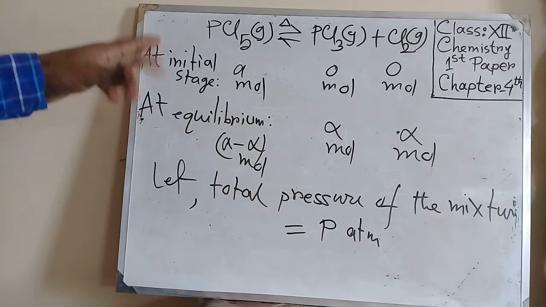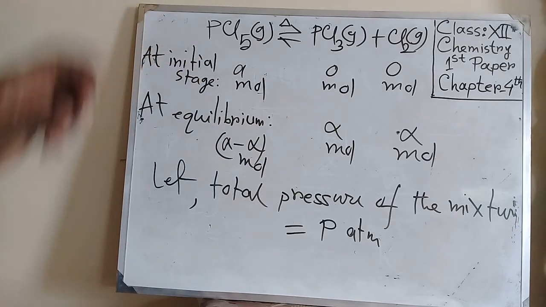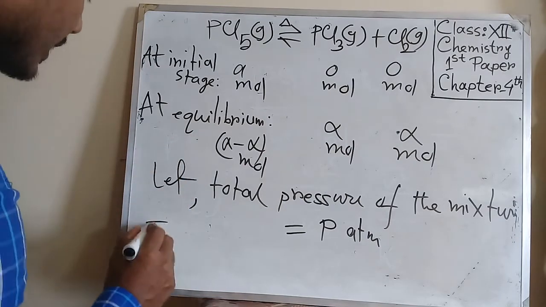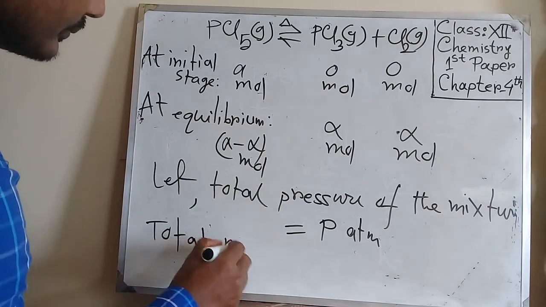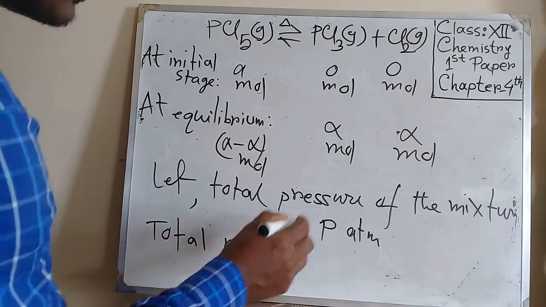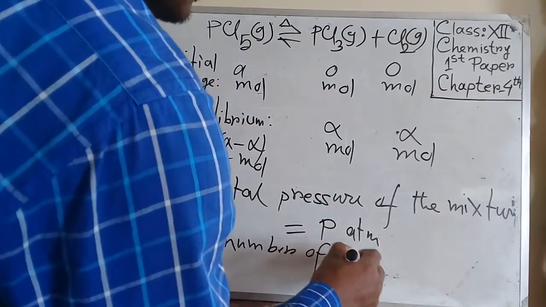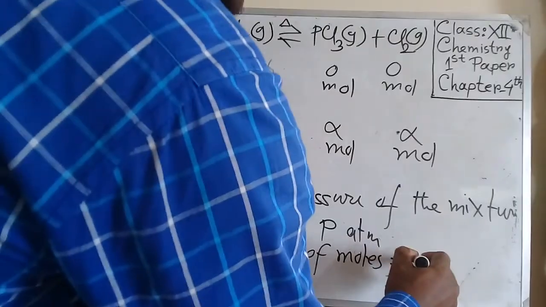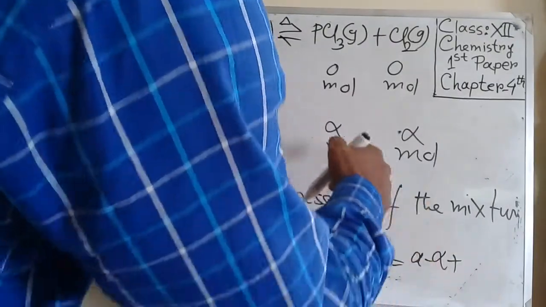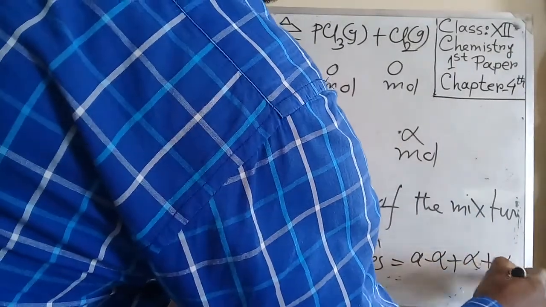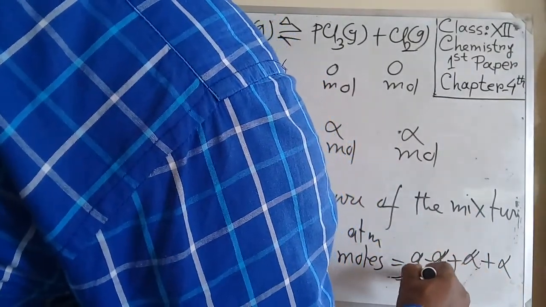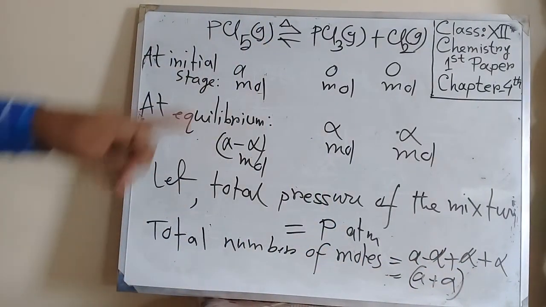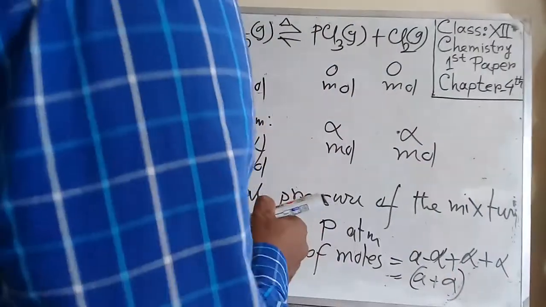Now we need another one. This one is the total number of moles of reactant and product. So the total number of moles equals a minus alpha plus alpha and alpha, so it will be A plus alpha moles, the total number of moles of the reaction.